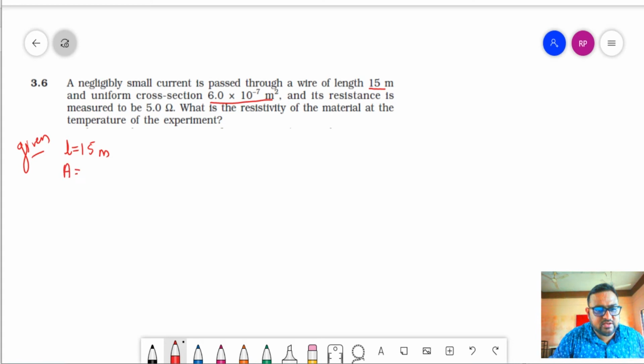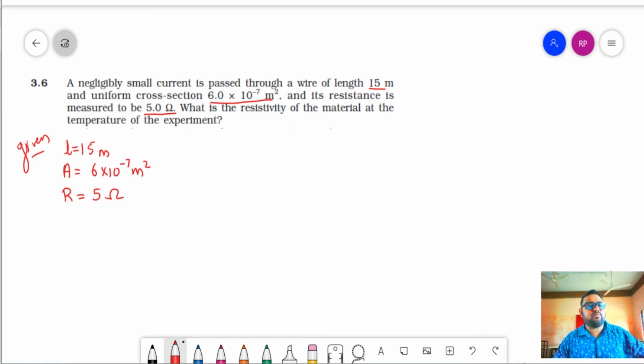So area is equal to 6 into 10 raised to minus 7 meters square. This is the cross section area. And its resistance is measured to be 5 ohm. R is equal to 5 ohm. Okay, what is the resistivity of the material at the temperature of the experiment?